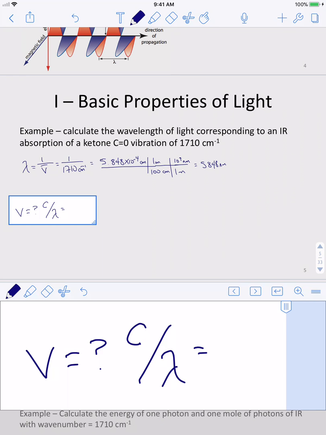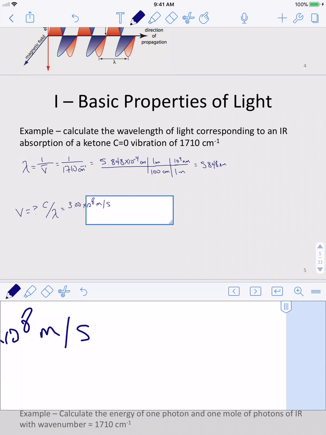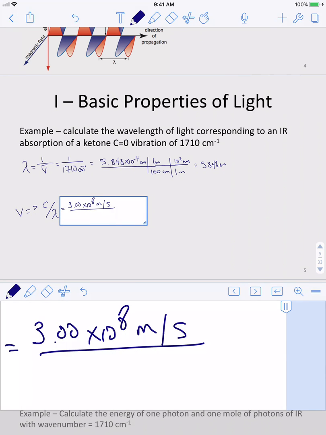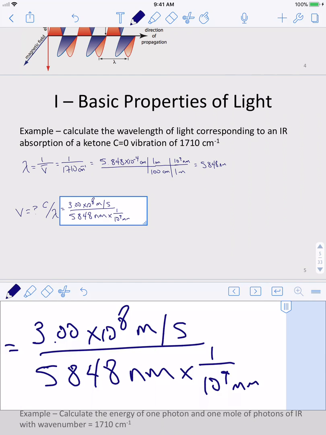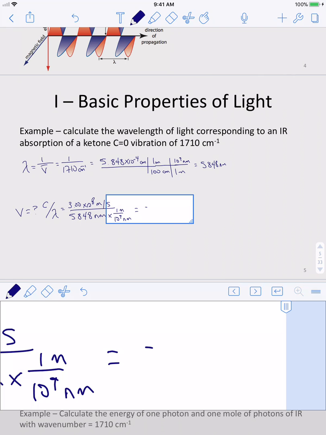So now the speed of light, 3 times 10 to the 8th meters per second, over our wavelength, 5,848 nanometers, times 1 over 10 to the 9th nanometers in 1 meter. This gives us 5.13 times 10 to the 13th hertz.